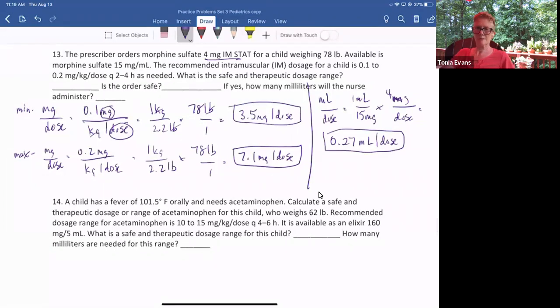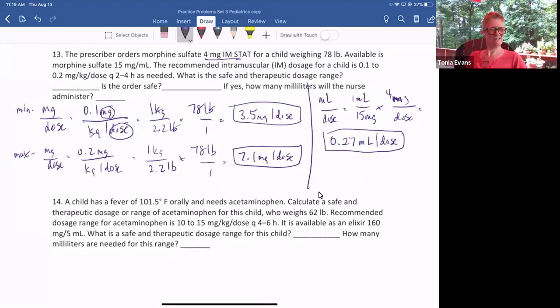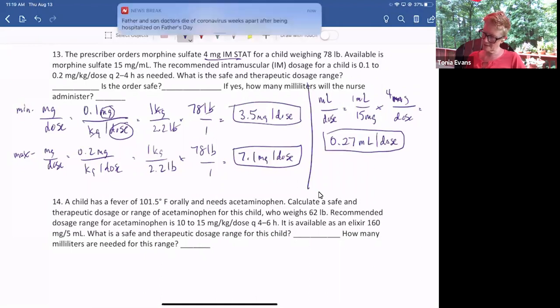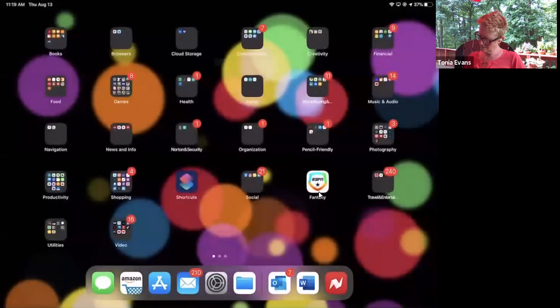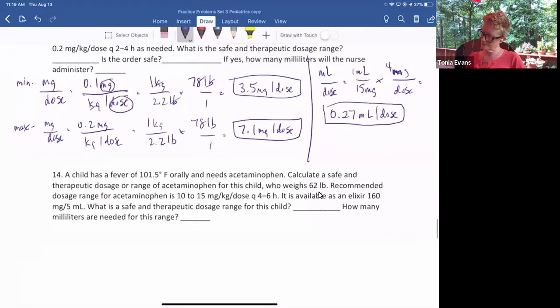That looked a little low to me, but you know, when you get an answer and you see it, you're like, I don't know, does that look right or not? Sometimes it's really blatantly obvious, but this looked a little bit low to me, so I just eyeballed it. Well, 15 milligrams per milliliter, yeah, it's going to be low since we're only given 4.